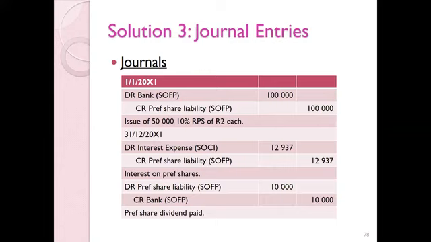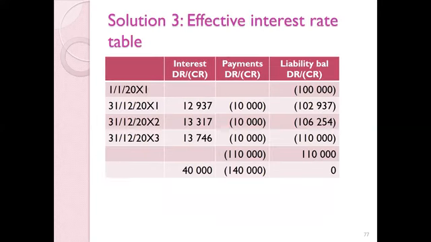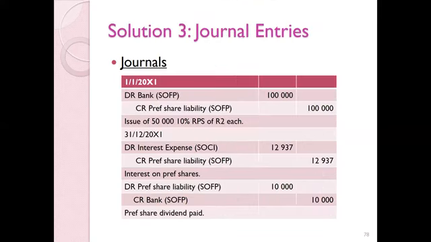Okay, so we need to look back at our interest rate tables for this information so we can populate these two journal entries. Our interest at the end of X1 was 12,937 Rand. How do we provide for this in terms of a journal entry? We debit the interest expense because, of course, we have a financial liability as per our first journal entry, and credit the preference share liability.